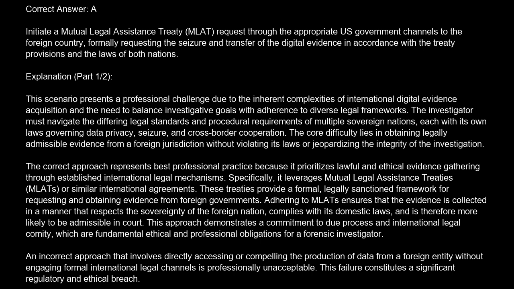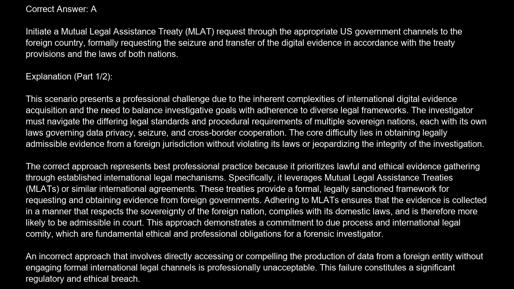Adhering to MLAT ensures that the evidence is collected in a manner that respects the sovereignty of the foreign nation, complies with its domestic laws, and is therefore more likely to be admissible in court. This approach demonstrates a commitment to due process and international legal comity, which are fundamental ethical and professional obligations for a forensic investigator.